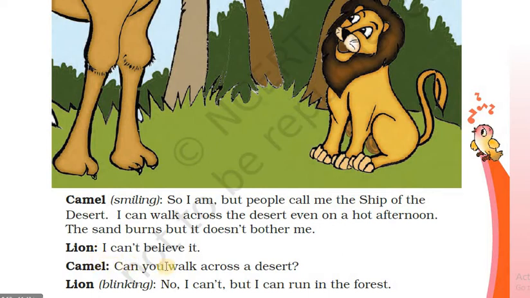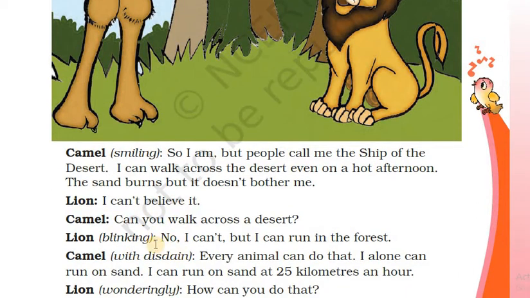Lion says, "I can't believe it." Lion says that I can't believe, मुझे तुम पे विश्वास नहीं हो रहा है. Camel says, "Can you walk across a desert?" Camel lion से पूछ रहा है कि क्या आप डेजर्ट में वॉक कर सकते हो? Lion blinking. Blinking means frequently opening or closing the eyes.